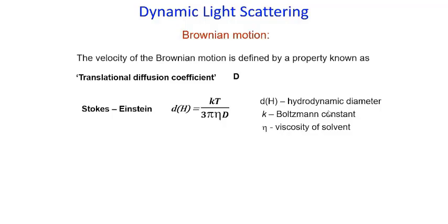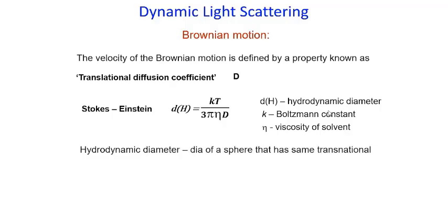Now, this hydrodynamic diameter is defined as the diameter of a sphere that diffuses at the same rate as the particle being measured, right? So that is how the size of the particle in this case is defined, and that can be obtained from this Stokes-Einstein equation, wherein all the parameters such as k, T, where T here is the absolute temperature, and eta are known.